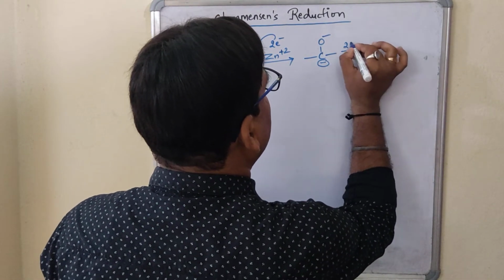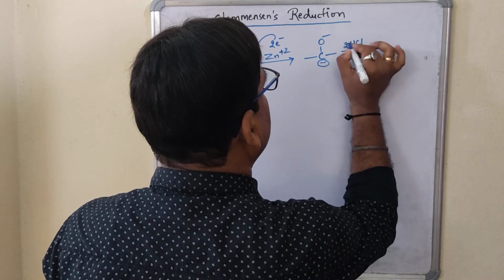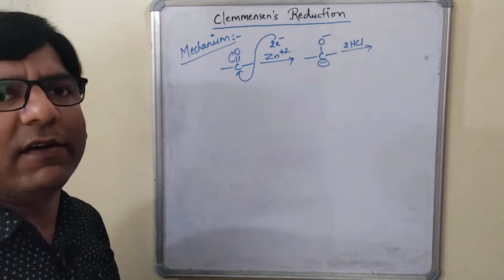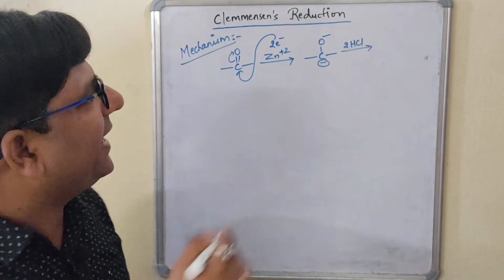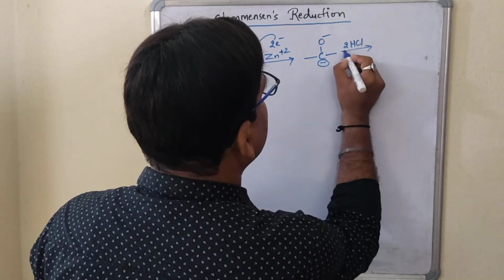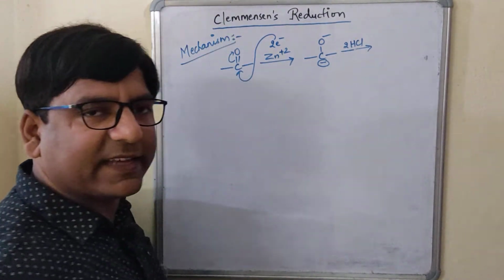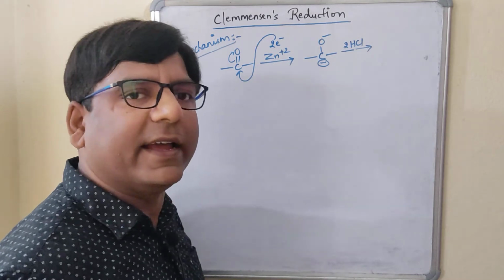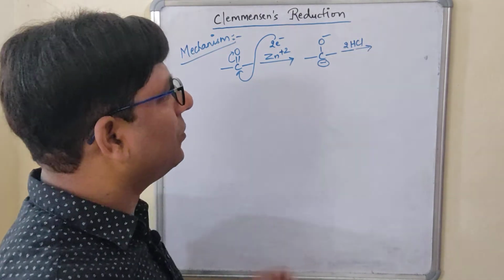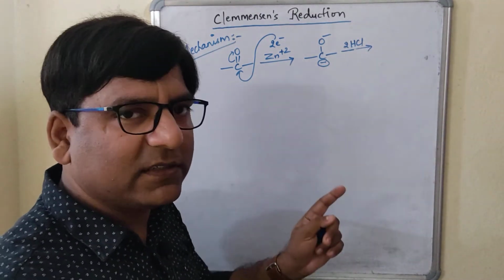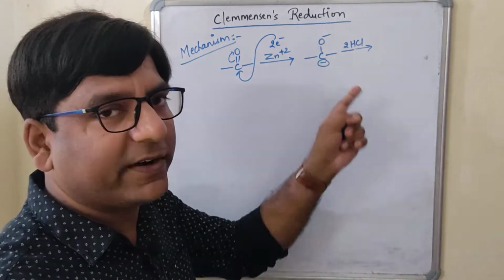We will take 2 moles of HCl. Okay, what will we take? We will take 2 moles of HCl. When we use 2 moles of HCl, you know what the role of this HCl is? To give what? H plus. Okay, so 1 HCl can give 1 H plus, right? We have used 2 moles of it, means we have 2 H plus.